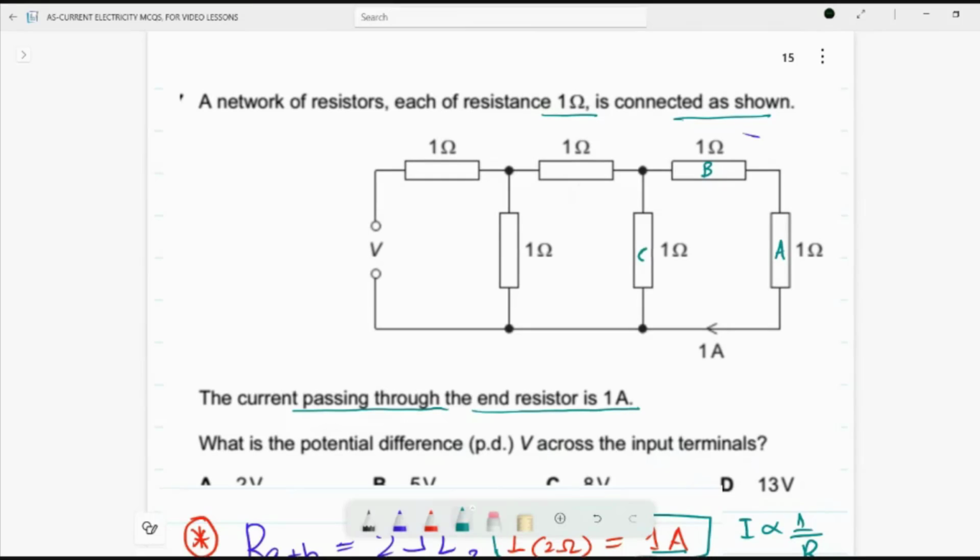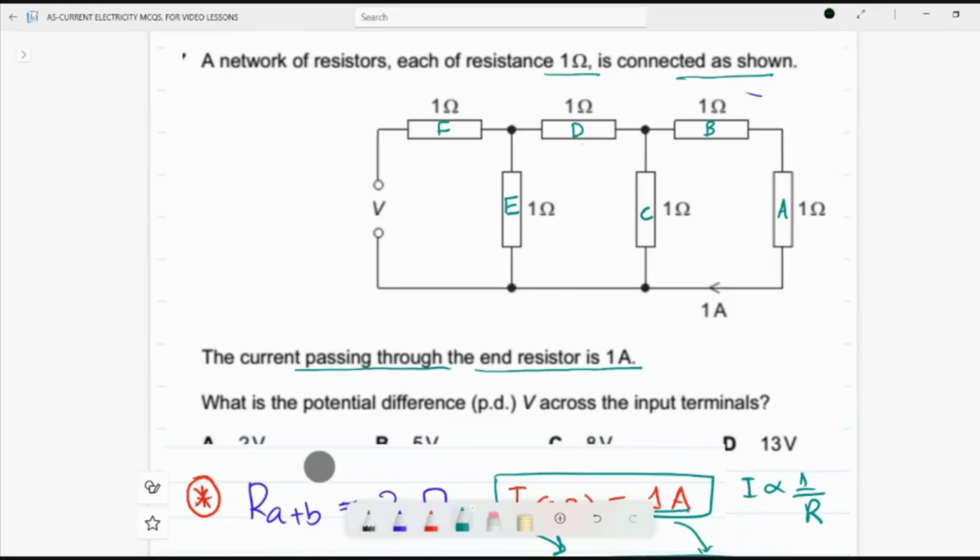Then resistor C is in series with the first two. Then resistor D is in series with the combination of A, B, and C. And then resistor E is in parallel with the combination of A, B, C, and D. And then resistor F is in series with the combination of resistors A, B, C, D, and E. So this is one of the plans to solve that question.